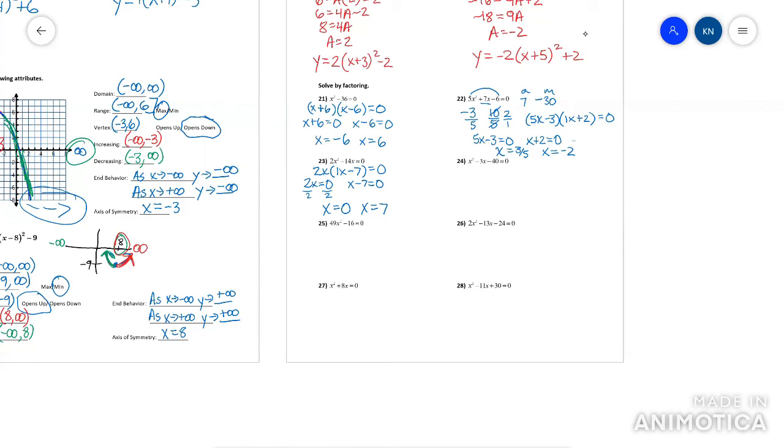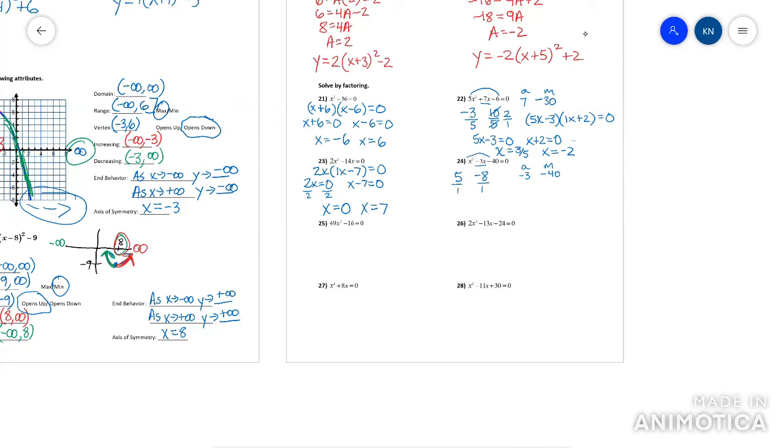The next one is another trinomial, so you'll have to rainbow. That wasn't a very good rainbow. Rainbow, multiply to -40, and then add up to the middle number. The combo that you're looking for here is 5 and -8. Put them over your a value, which was 1, because it was 1x squared there.